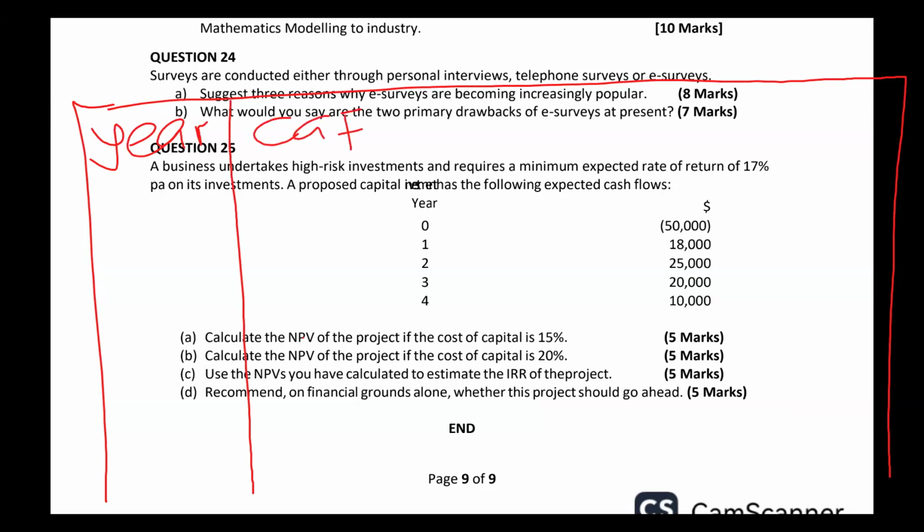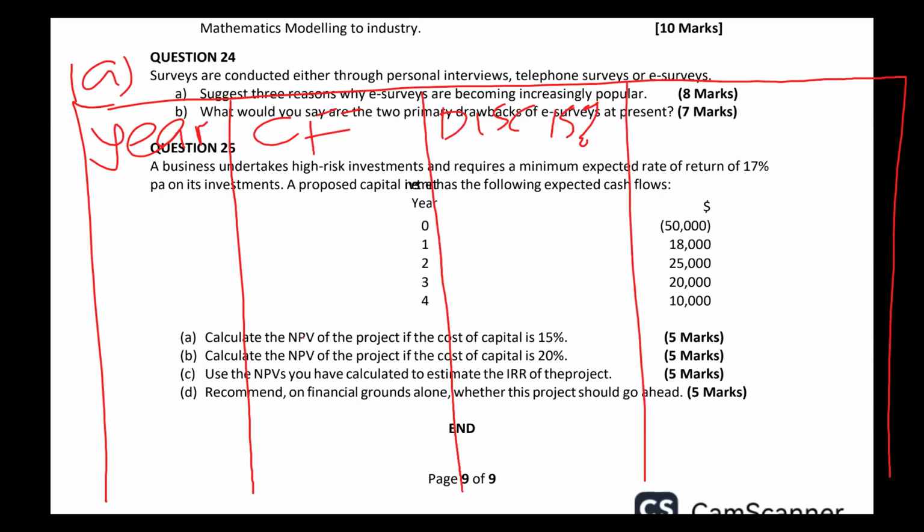We are answering the question now. The cash flow, CF for the cash flow, what you get from the investment. There will be the discount rate at the cost of capital for part A. We are doing part A. It is discounted at 15%, right? Discounted at 15%. Then you will have the present values on the other side.